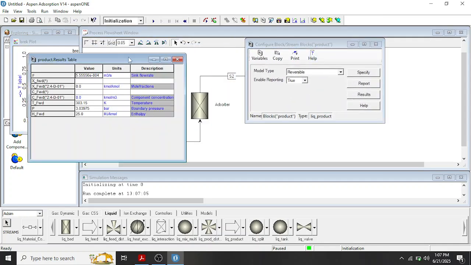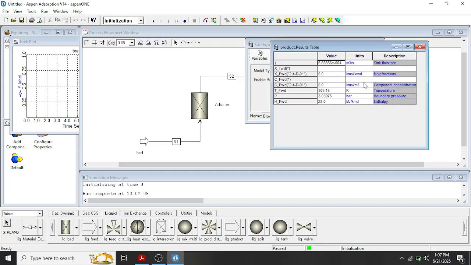Here you can see there is no 2,4-dichlorophenol compound in this product stream in the beginning. After a certain time, the concentration of the 2,4-dichlorophenol compound will be increasing, because with the passage of time the activated carbon will saturate, and the component will be coming out in the product stream.